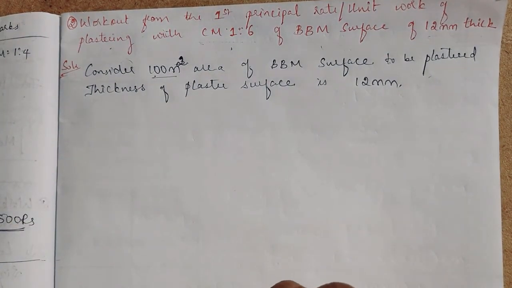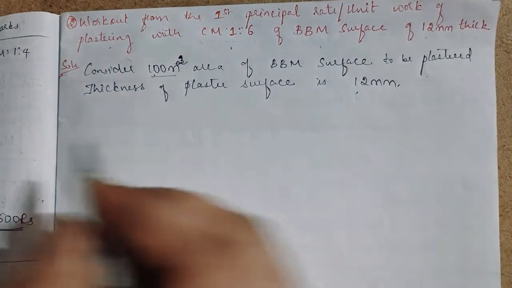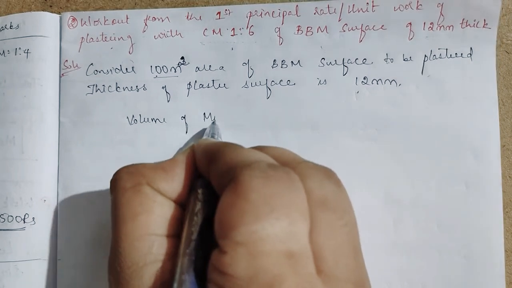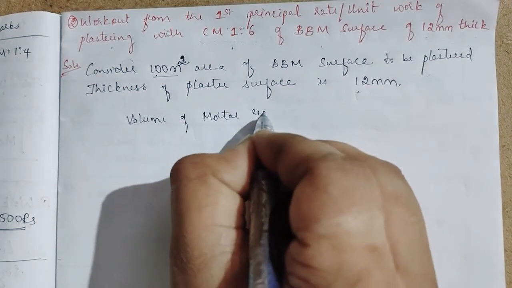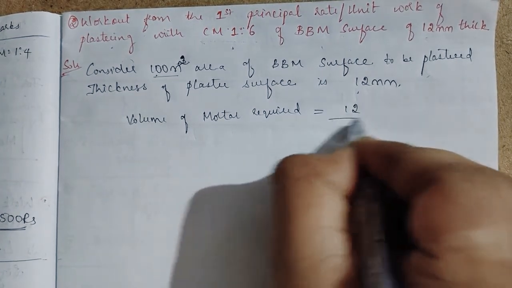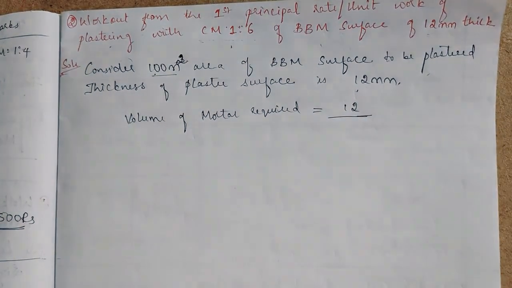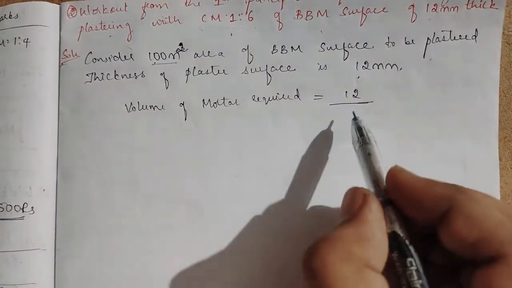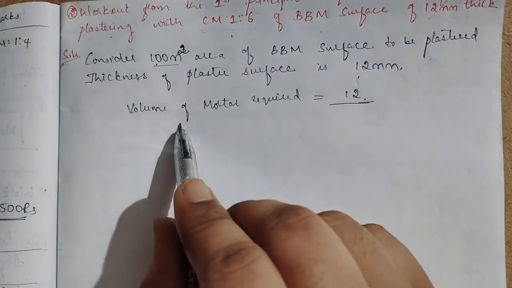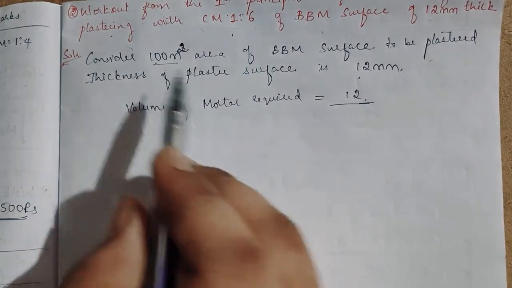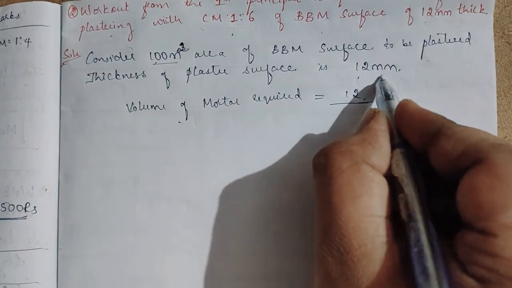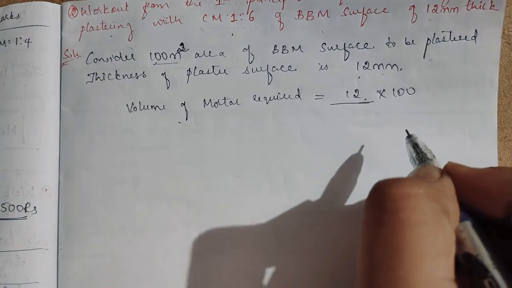Okay, now what we have to find? To do the thickness of 12 mm, what do we require? We require the volume of mortar. So volume of mortar required. So 12 thickness plastering we have to do for 100 meter square area.